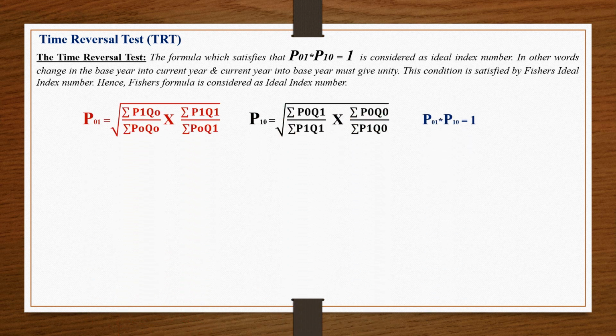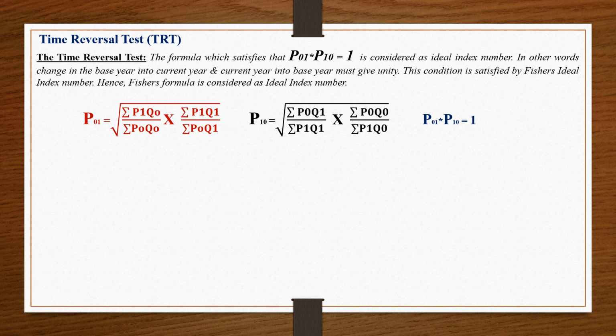Yes, here is a formula. The equation is given. P01 is equal to the square root of summation of P1 Q0 divided by summation of P0 Q0, into summation of P1 Q1 divided by summation of P0 Q1.